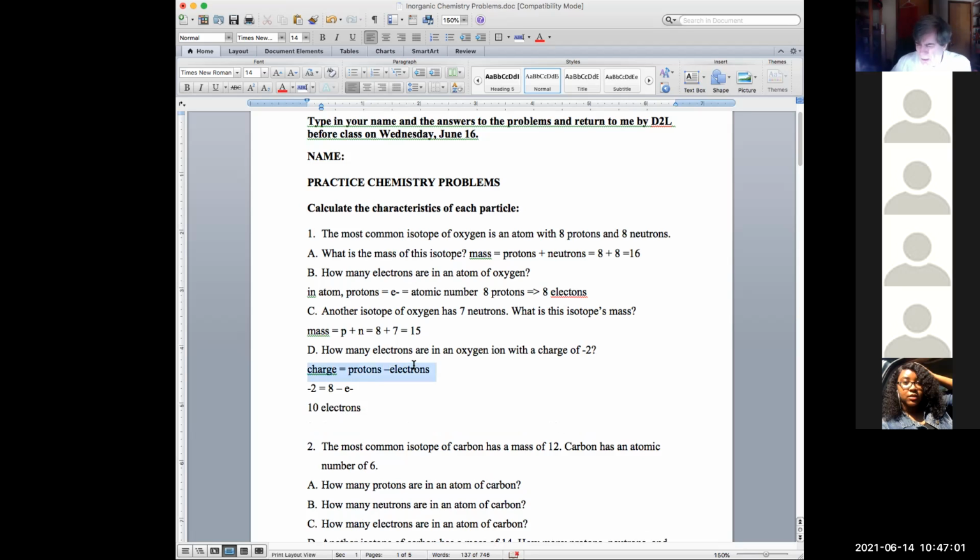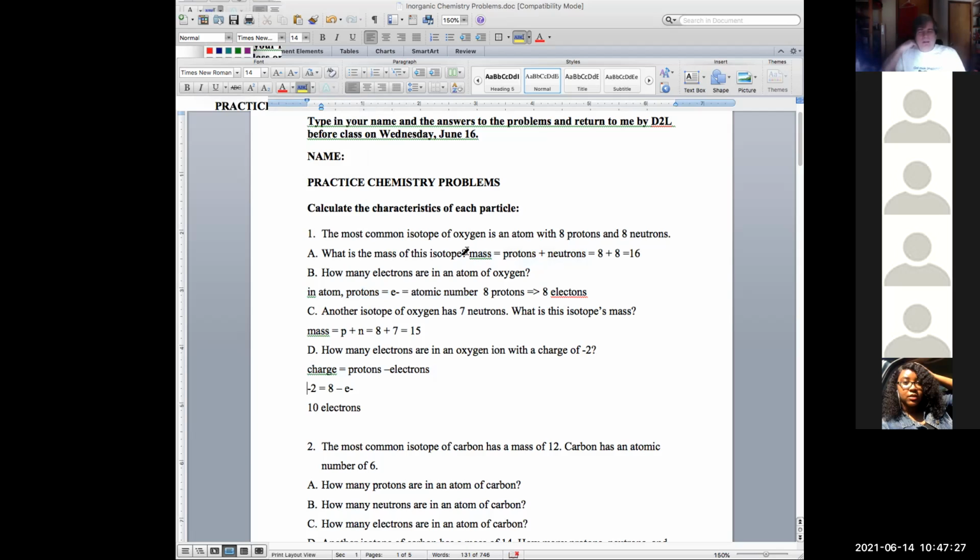So when we look at these problems, the 3 formulas that we're going to have to use are these 3 formulas. Now, we won't necessarily always use them in the same order here.